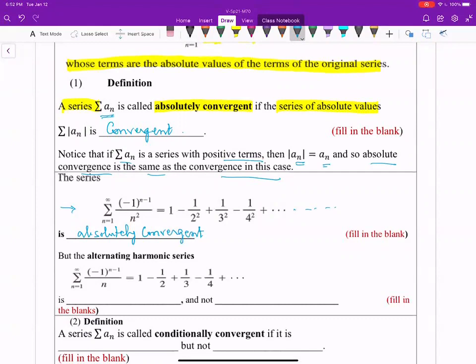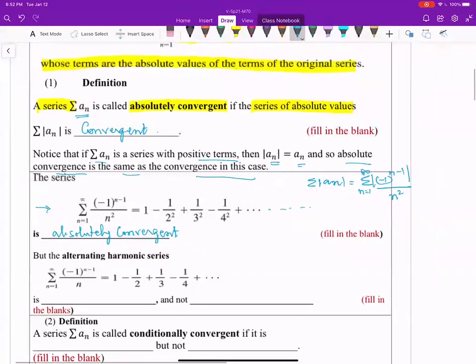Why? If you take absolute values of all the terms and make a series, you will have sigma of the absolute value of negative 1 to the power n minus 1, divided by n squared. You know that the absolute value of negative 1 to the power n minus 1 is after all positive 1 or negative 1 as we vary the values of n, so it would be just plus or minus 1 without the absolute.